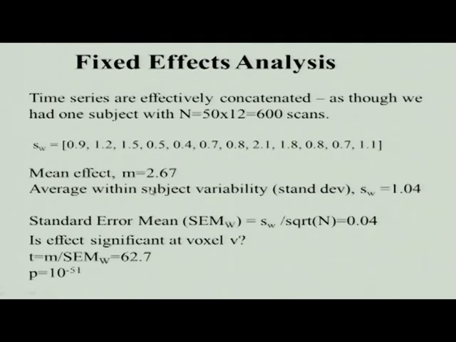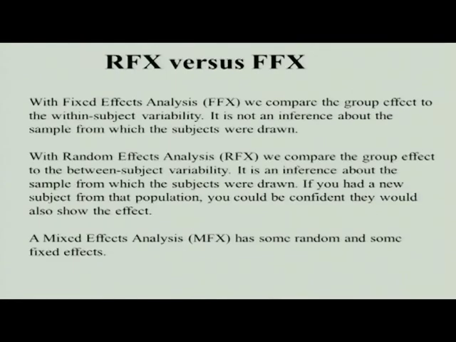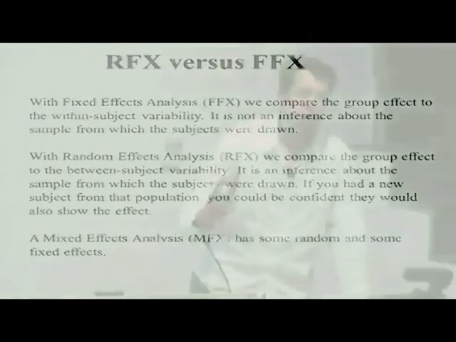And what we're doing here is we're comparing the group effect to the within subject variability. And generally in neuroimaging, this is not really the recommended thing to do, because it's not what people would deem a proper inference about the group, because it doesn't take into account the between subject variability, and that's really what you should be testing against.